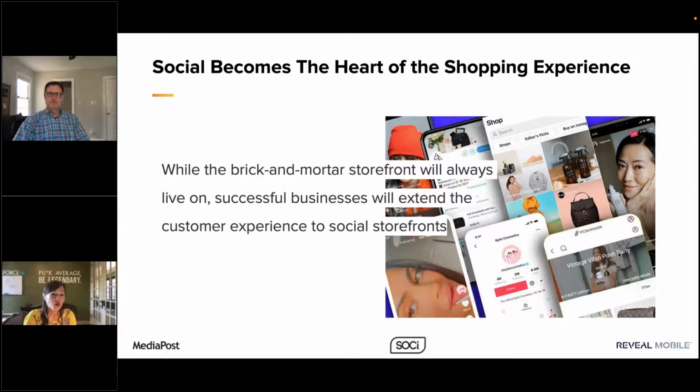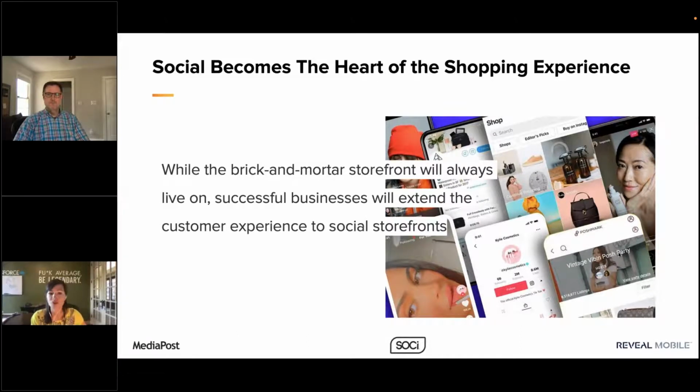So what we've now seen with all the changes in their shopping behavior is that although brick and mortar storefronts are living on and they're very, very powerful, successful businesses will learn to extend that consumer shopping experience through social storefronts, right? For all the reasons that we've already talked about.